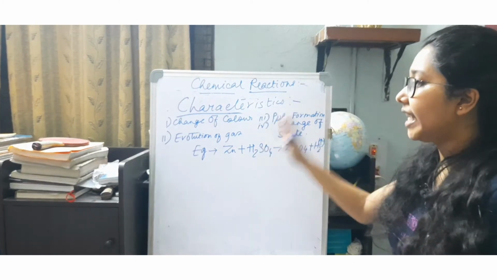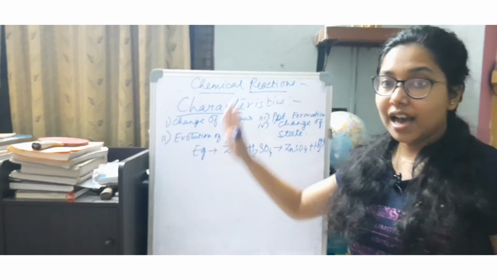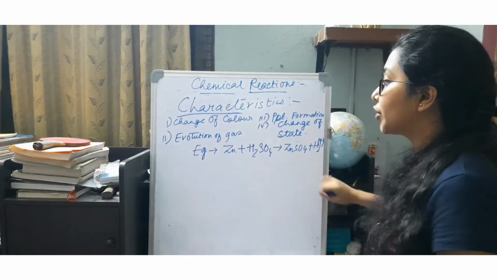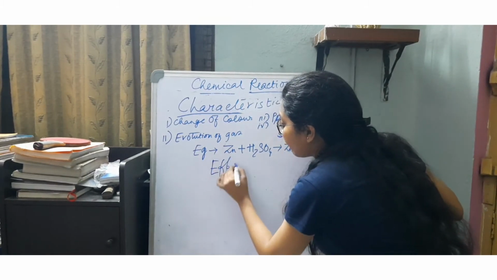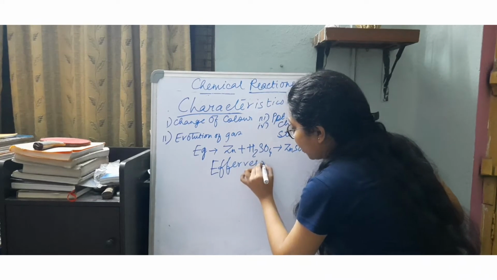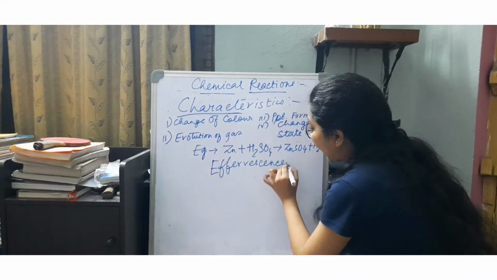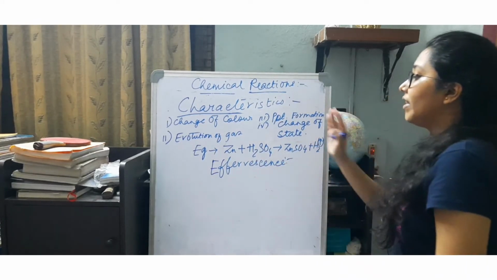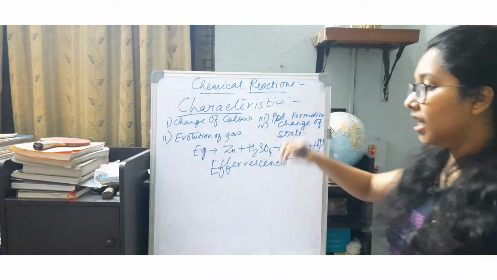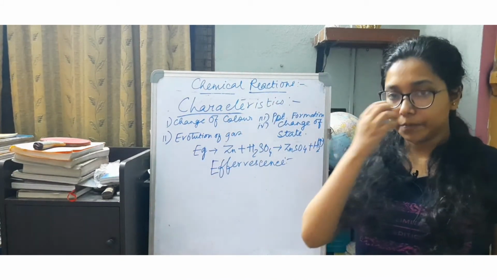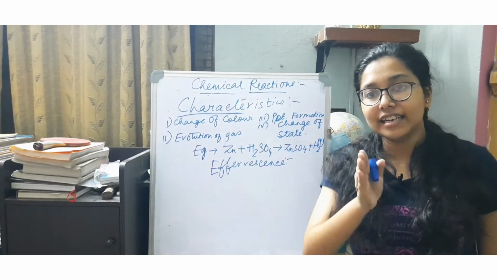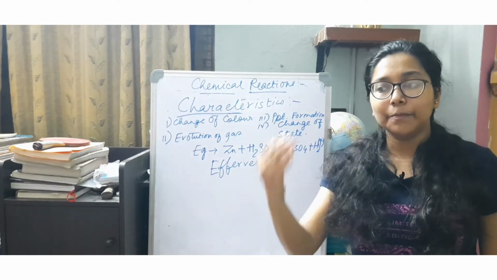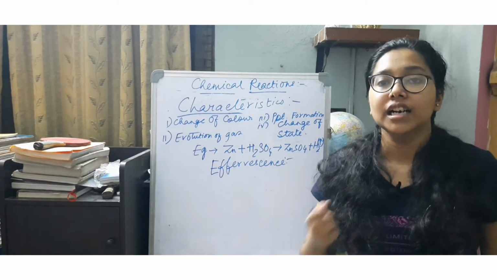Now there is a very important term associated with the evolution of a gas, and that important term is effervescence. Okay, so when we talk about effervescence, effervescence is nothing but the evolution which is taking place when one reactant is in the liquid state and the product formed is in the gaseous state.